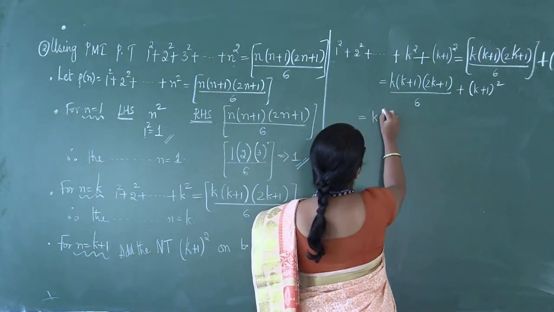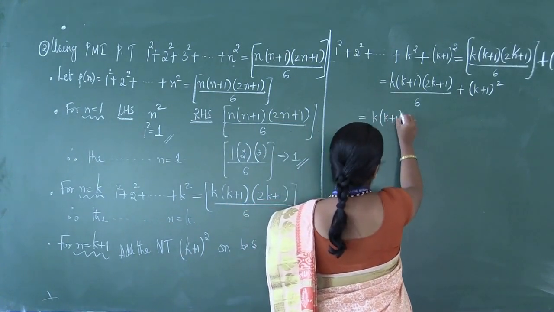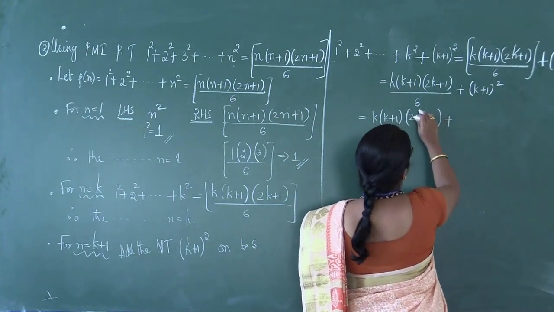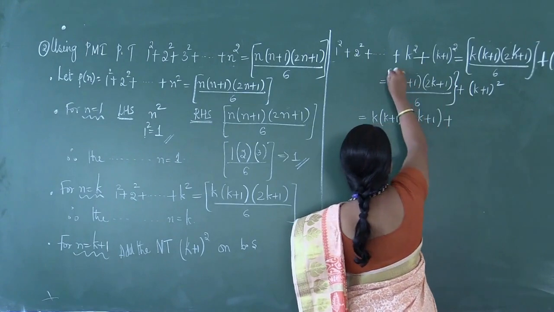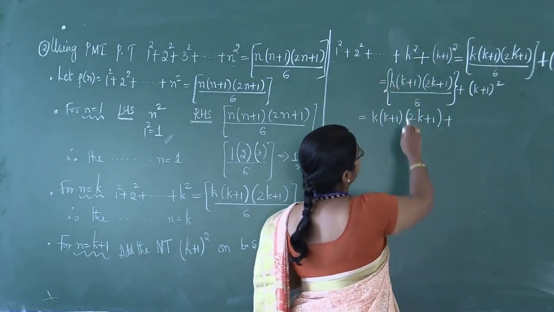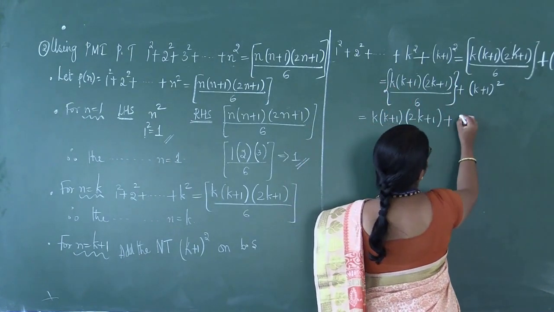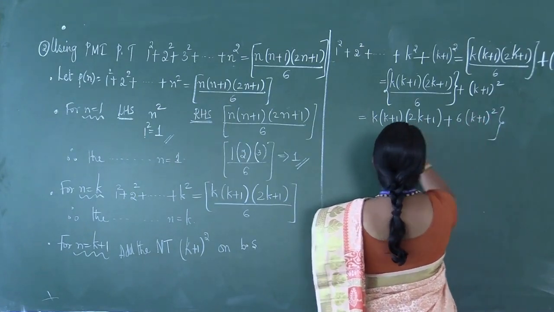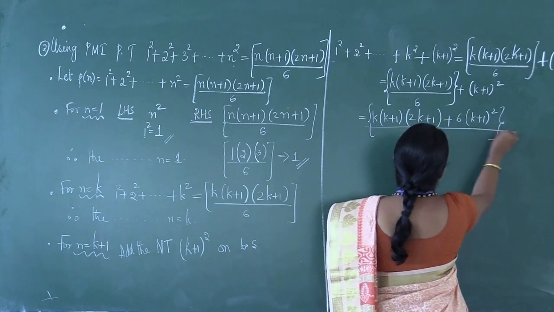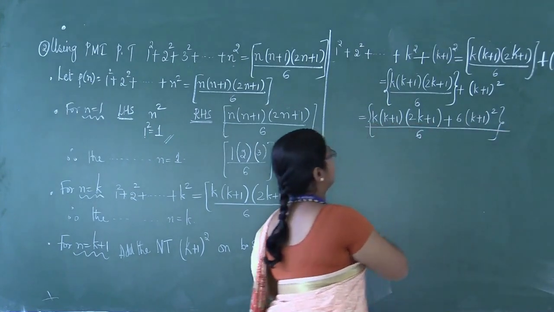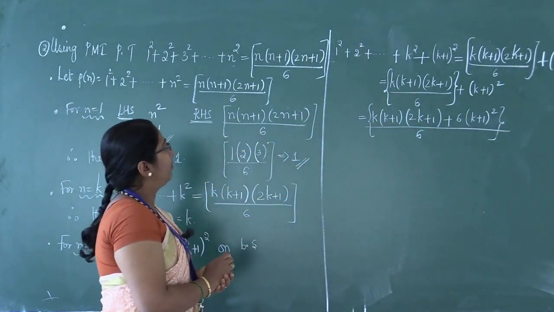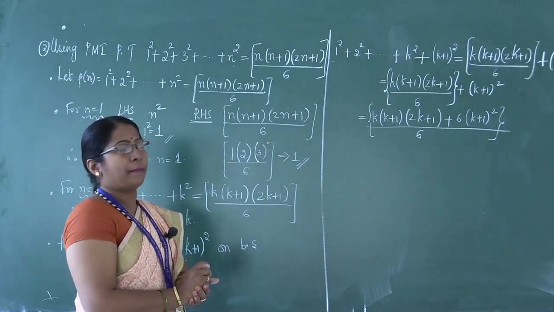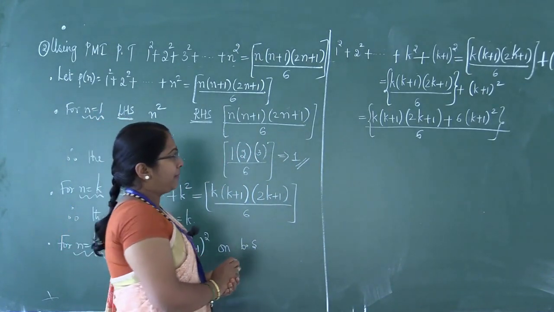This is k into k plus 1 into 2k plus 1. When you cross multiply, what do you get? 6 times k plus 1 whole square, whole thing divided by 6. Clear everybody? 6 times the k plus 1 whole square divided by 6.